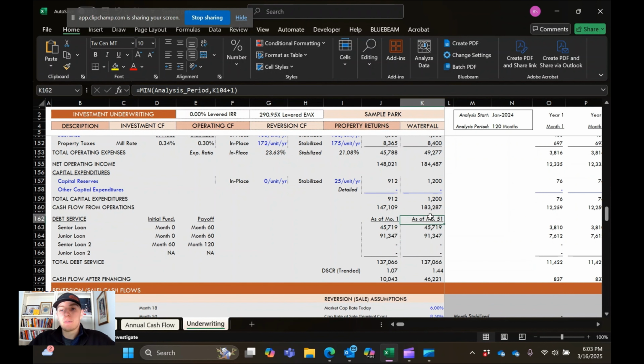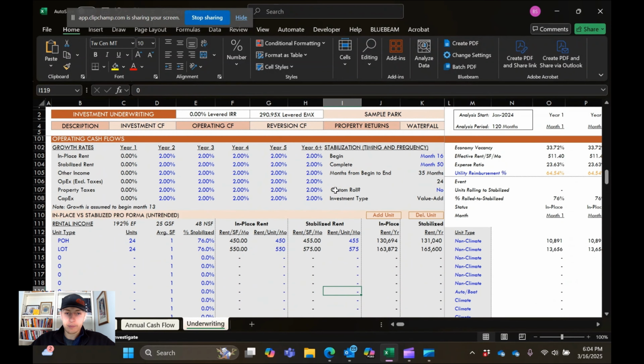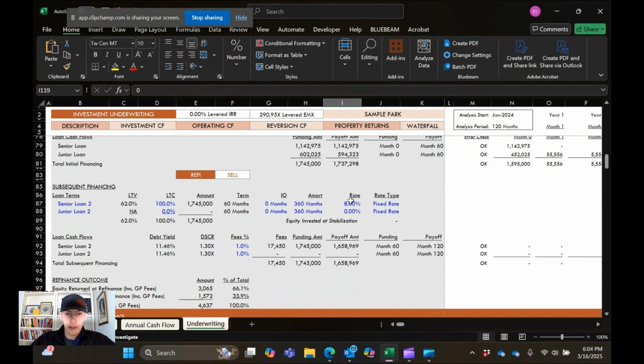We're projecting month 51 as stabilization period, even though this is on a 5-year balloon. And so these debt payments, I'll show you in this next slide over here. So we're at 1.07 DSCR month one, and we're at 1.44 DSCR base with that 15% interest rate right up here.